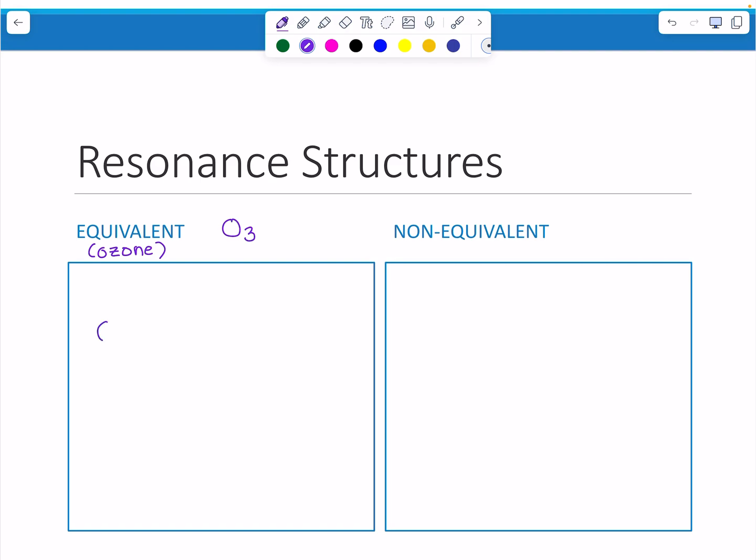So we can draw it like this, and then we have to put our lone pairs in. This one is going to have 2 lone pairs, this one will have 1, and this one is going to have 3, okay? So all of our oxygens have 8 electrons around them. But again, I can also draw it like this, right?